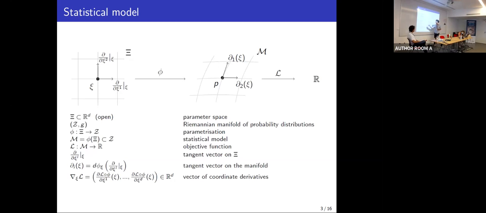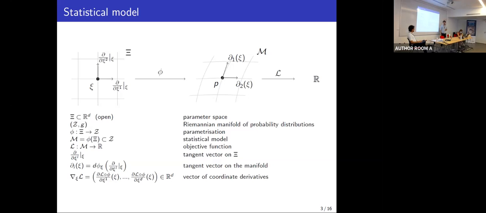The whole space it's mapping to, I'm calling Z, but the image of this map I'm calling M. So I'm mainly working with M, so this Z is a bit in the background. On both of these spaces, we also have tangent vectors. Here it's just from the coordinates, and these are mapped through this parametrization map, this map phi.